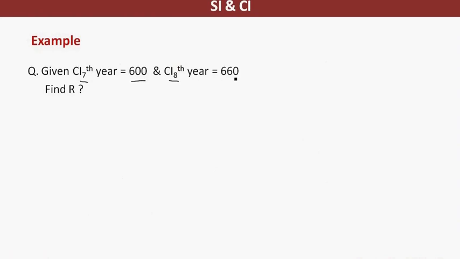Let's look at another example. 7th year CI is 600 and 8th year CI is 660. Find R, find the rate. Basically it's something like this. In the 7th year you have got 600, in the 8th year you have got 660. This 60 rupees is basically the difference that you have earned.